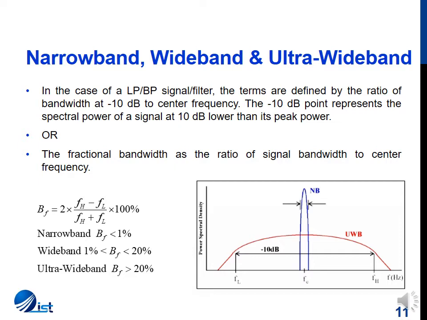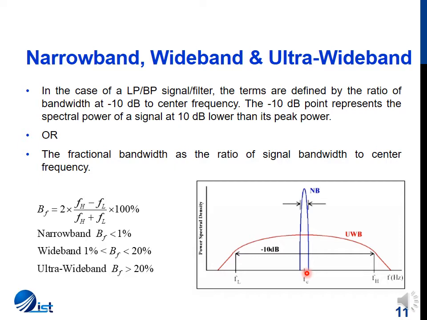The minus 10 dB point is the point which is 10 dB lower than the peak power. The center frequency for a low pass filter is 0, and for a band pass filter it would be any frequency.